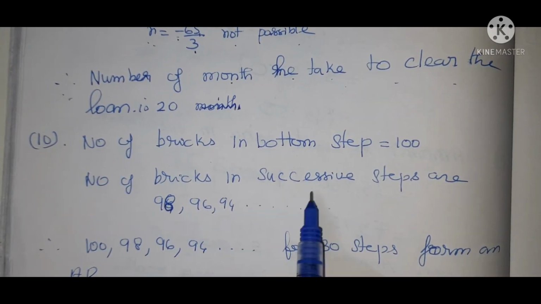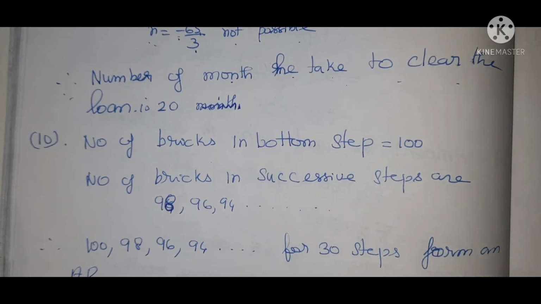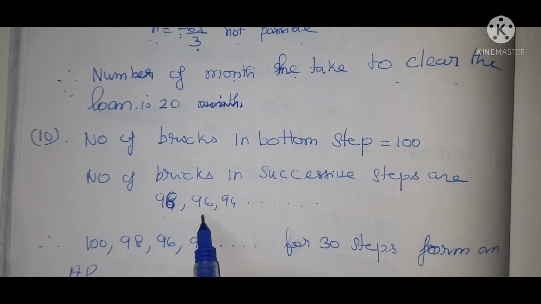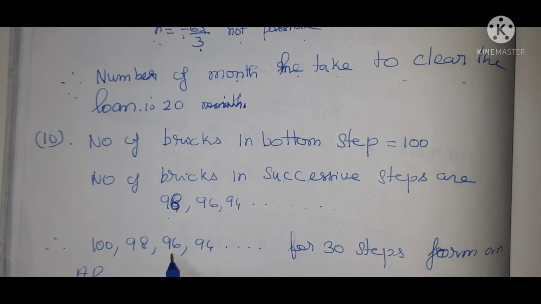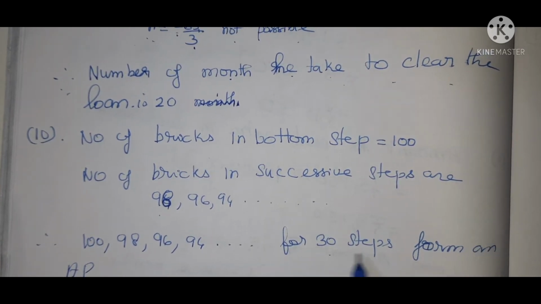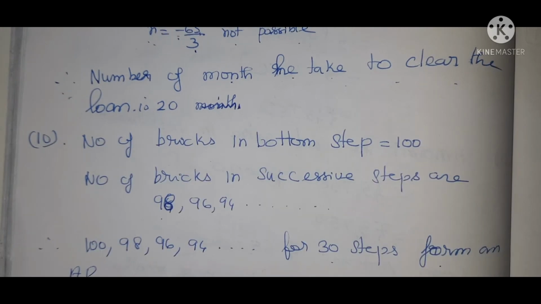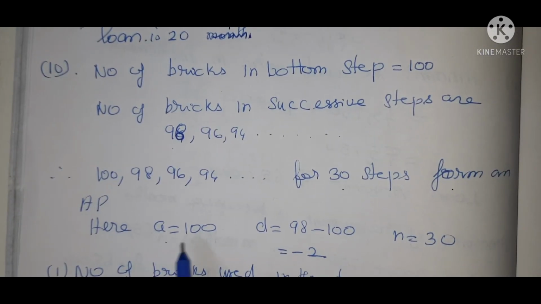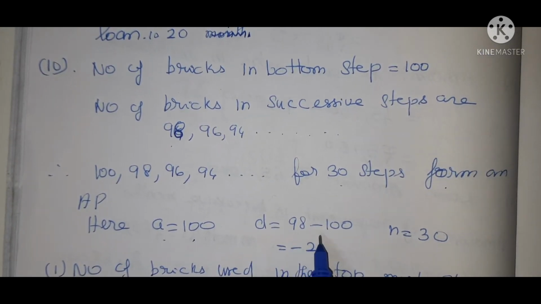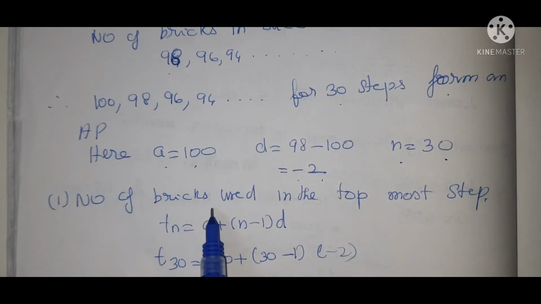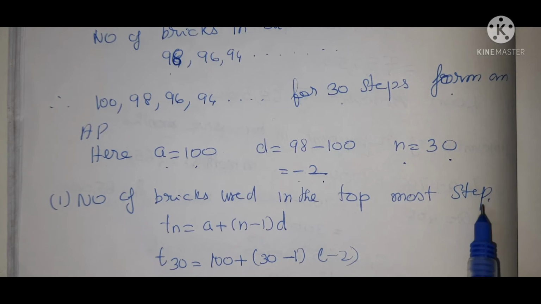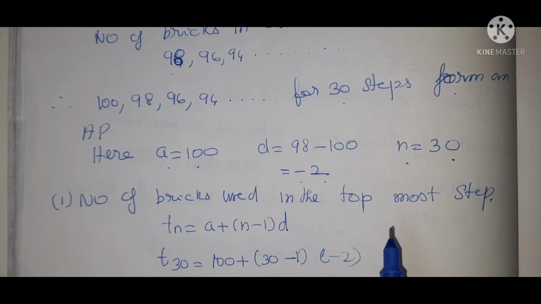Number of bricks in the bottom step is 100, that is the first step. Number of bricks in successive steps decreases by 2: 98, 96, 94 and so on. Therefore, 100, 98, 96, 94 for 30 steps form an AP. Here a is 100, d is 98 minus 100, that is minus 2, n is 30. Number of bricks used in the topmost step: the topmost step is the 30th step.